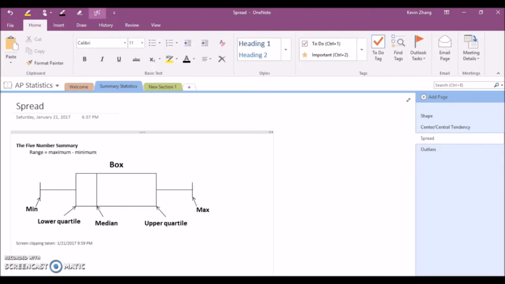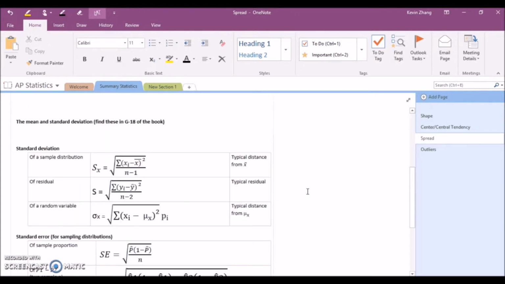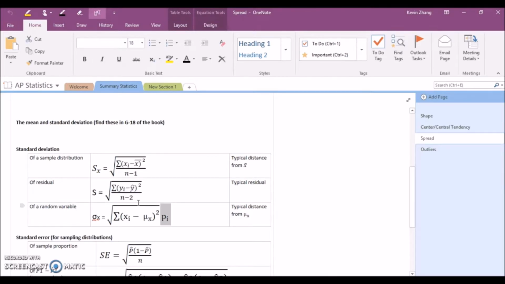Let's turn and have a glance at standard deviation. What standard deviation looks at is the typical distance of our points from a specific value. That can either be our mean, or it can be our predicted value in our residual, shown here. So we see that these have differences, but overall they share this square root portion and the sum of each of the differences squared.